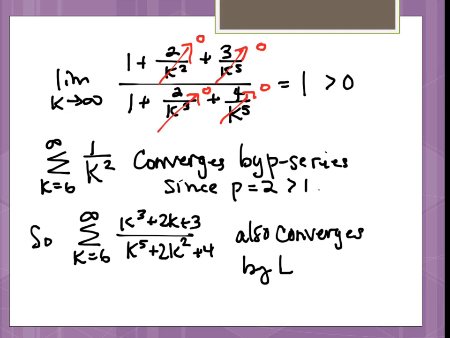Exactly, by the limit comparison test. Like you said, it says they either both converge or both diverge. Since we found out that the one we were comparing it to converged, and the ratio had a limit equal to 1, the series that we were looking at originally will also converge. Any questions on that? All right.